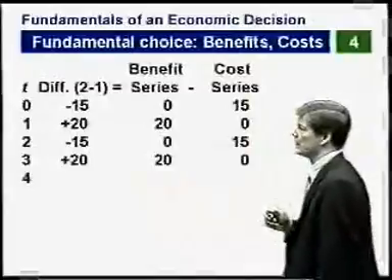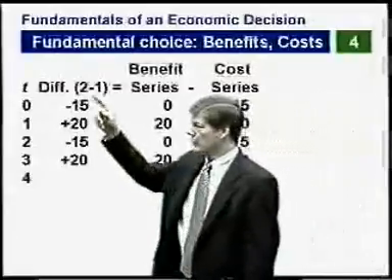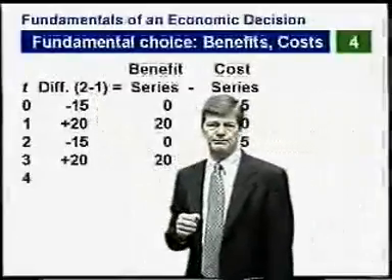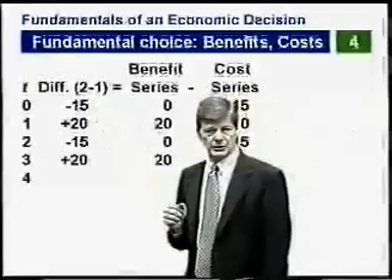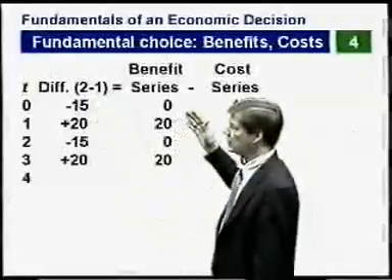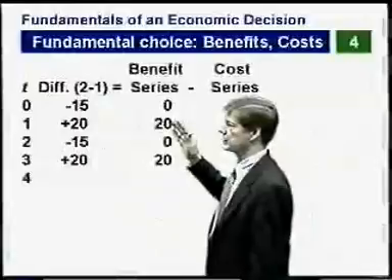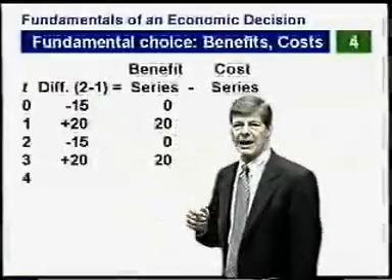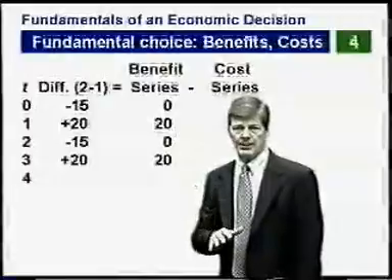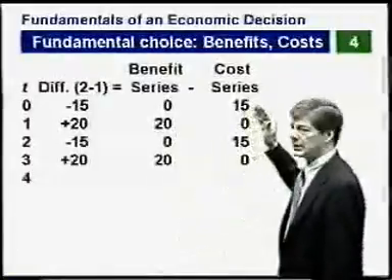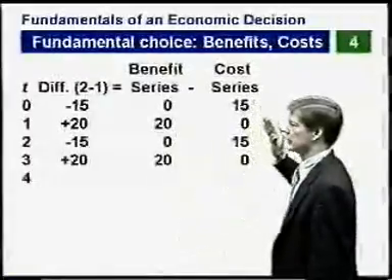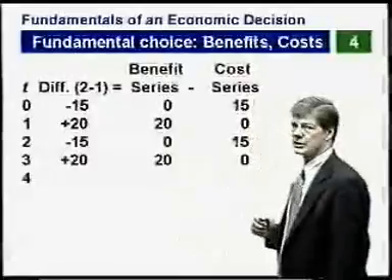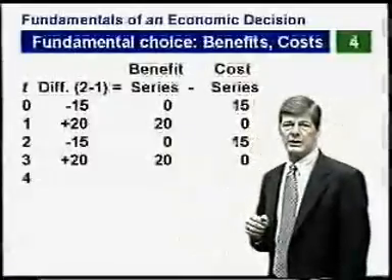Specifically, if I prefer to have the 2-year subscription, what I'm saying is I would like to save $20 at time 1 and $20 at time 3 and give up the opportunity to have the $15 at time 0 and the $15 at time 2.